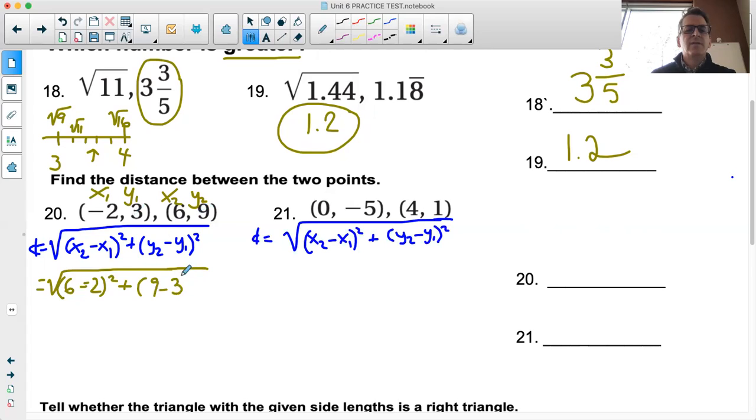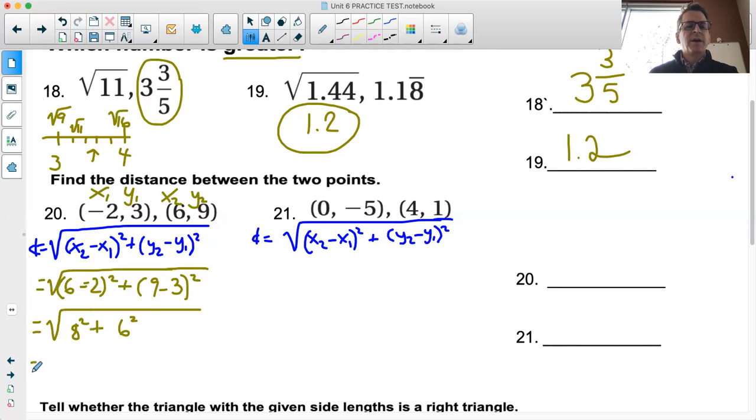We're going to go ahead and square that. Okay, so remember, when we're subtracting a negative, it's the same as adding a positive. So 6 minus a negative 2 is 8 squared, plus 9 minus 3 is 6 squared.